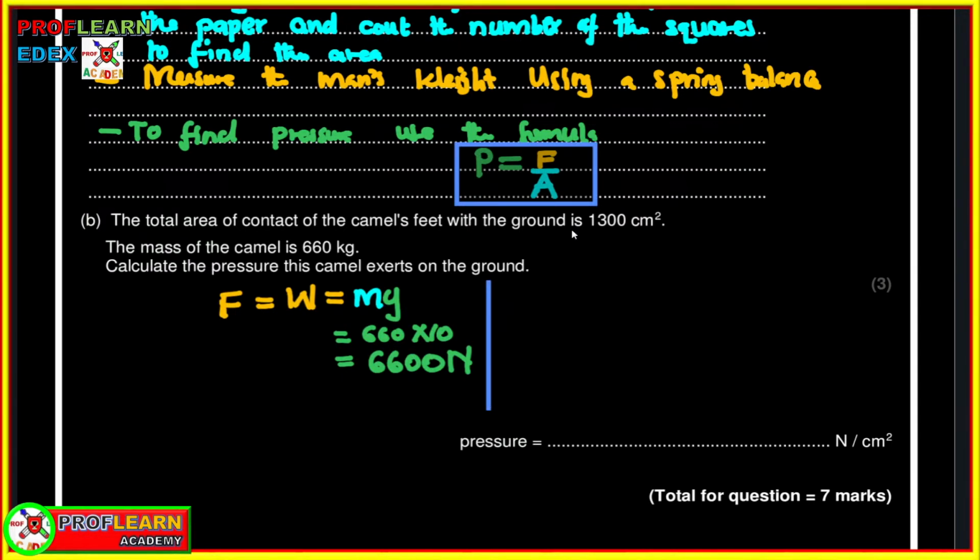Now, since we have the area, we can apply the formula for pressure. In this case, pressure is equal to force over area, which is 6,600 newtons divided by the area in contact given here, which is 1,300 centimeters square. So what do we get?